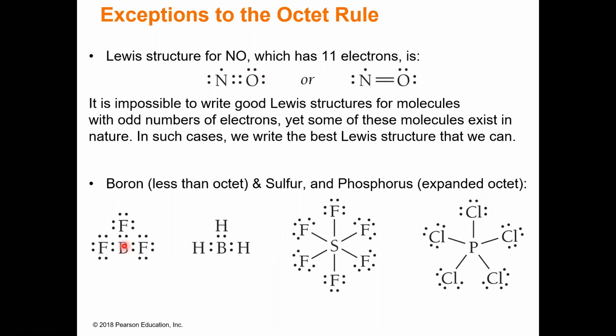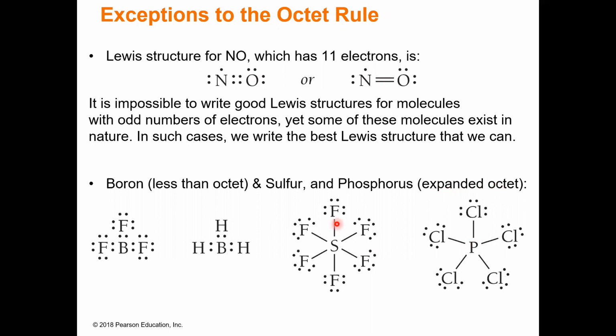We said before that boron has 6 valence electrons normally around itself when it forms a molecule. So we have 1, 2, 3, 4, 5, 6 electrons around boron. And sulfur and phosphorus can often have more than an octet. So it can have what we call an expanded octet. That means more than 8 valence electrons around itself.